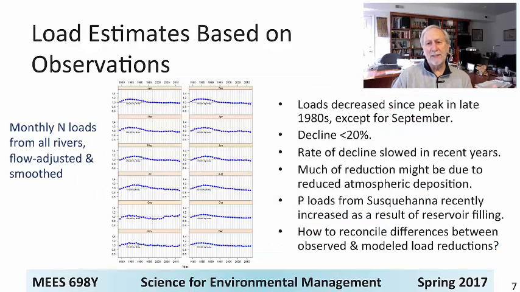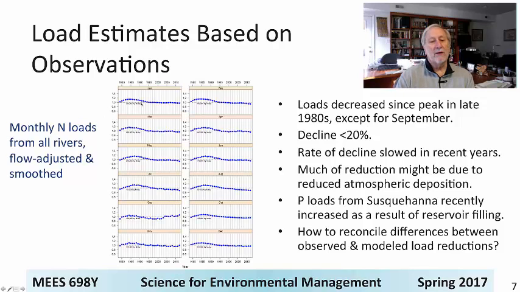So what do the observations tell us? We have monitoring of nitrogen and phosphorus levels, sediment levels in the rivers that enter the bay. Of course, though, this is highly variable year to year, and so it's a somewhat confusing picture because of meteorological variability as much as anything.